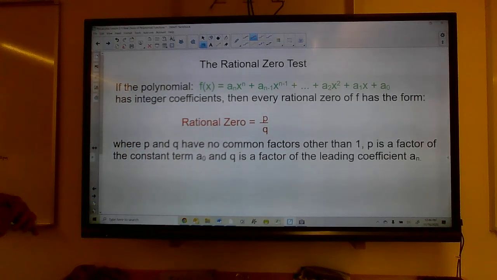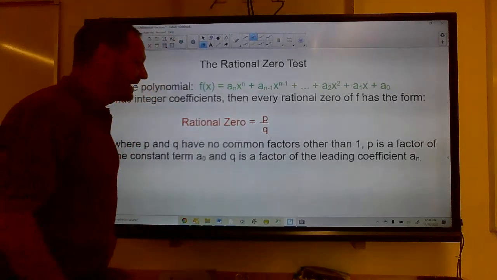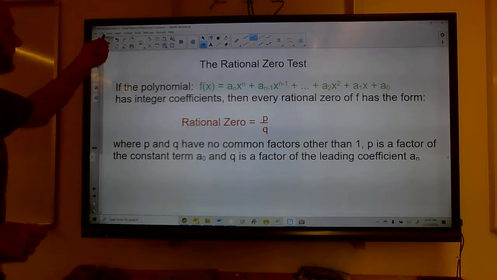Then every rational zero has the form p divided by q, where p and q have no common factors other than 1. P is a factor of the constant term a sub 0, and q is a factor of the leading coefficient. Okay, what does all that mean? Let's look at it in practice here.